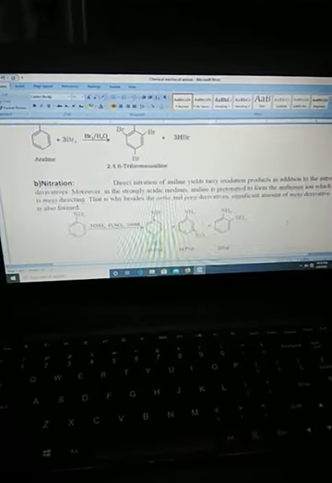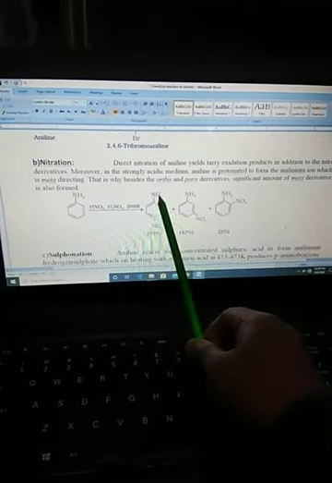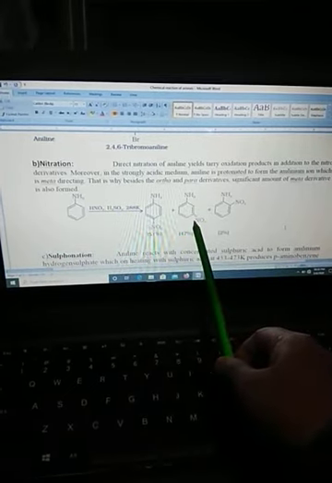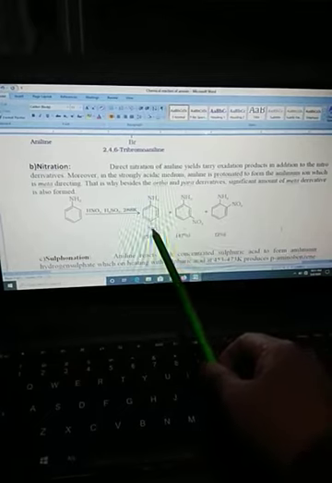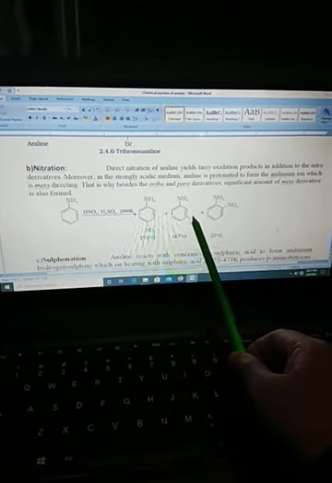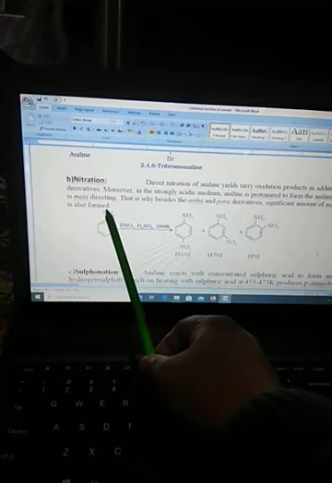Next we have nitration. In nitration, in addition to the ortho and para products, you'll have a meta product as well. The reason is that the aniline NH2 is a base.